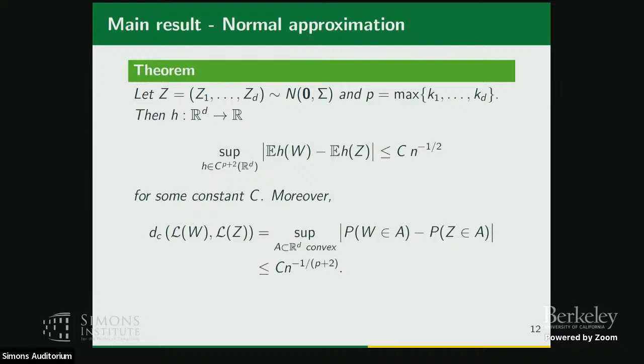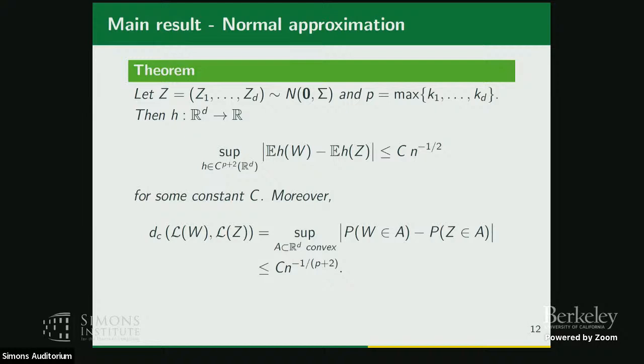So what we show is that this indeed has a normal approximation, in the sense that when you take the supremum, and here we are writing it in these terms because we are using Stein's method, so when you take the supremum over this difference over smooth enough functions, where p is the maximum subgraph size that we have in the collection of our subgraphs F1 to Ft, then this is bounded above by 1 by square root n. This is of order 1 by square root n.